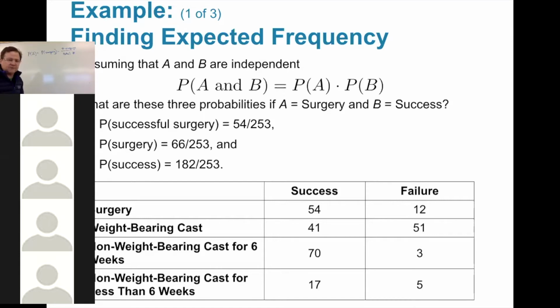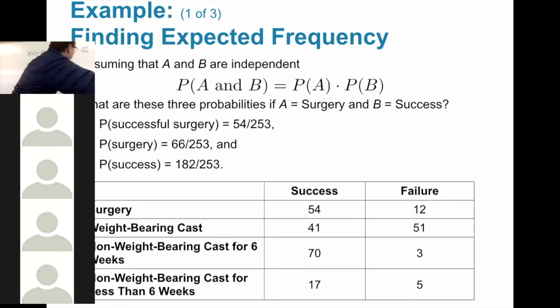But if you add up all 8 of those numbers, I think you get 253 total procedures included in this research. And out of those, the number of surgeries was 54 plus 12. Some were a success, some were a failure, but in total, that's 66 surgeries.